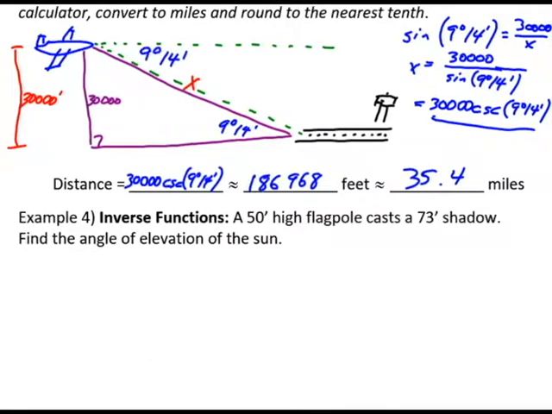Finally, we have a review of inverse functions with SOHCAHTOA. First, a sketch. The angle of elevation of the sun is the small angle formed with the horizontal ground. We'll call it theta.